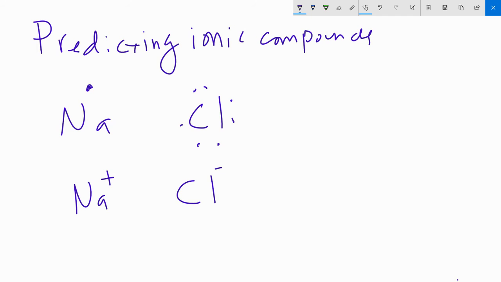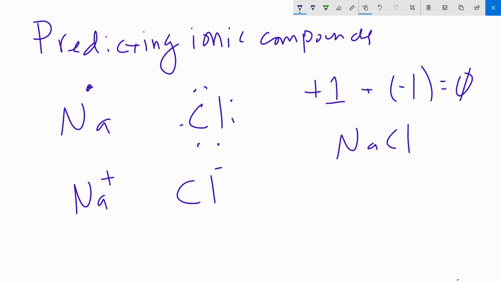Remember that if there's just a plus sign, that means it has a charge of positive 1, or if it's just minus, it's a charge of negative 1. Okay. All I have to do is make my compound neutral. So if I take positive 1 and add it to negative 1, it's going to equal 0, and that's why NaCl works so beautifully.